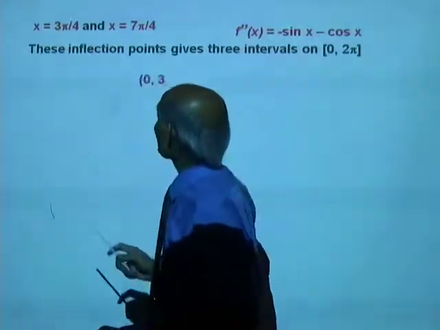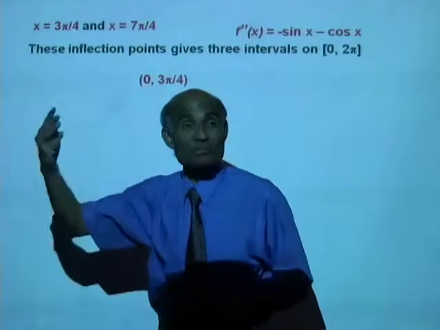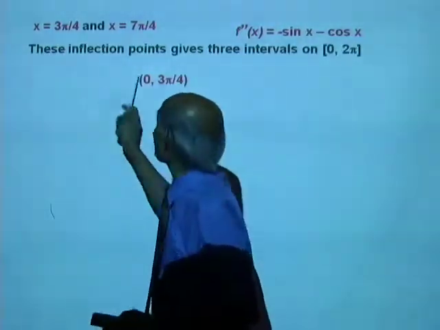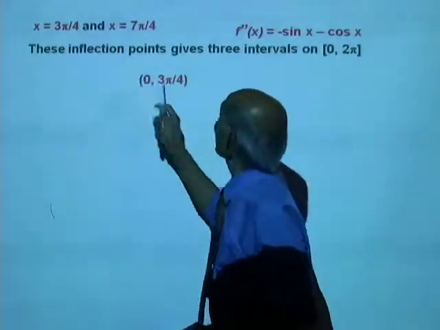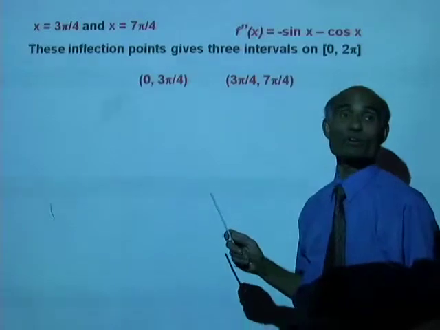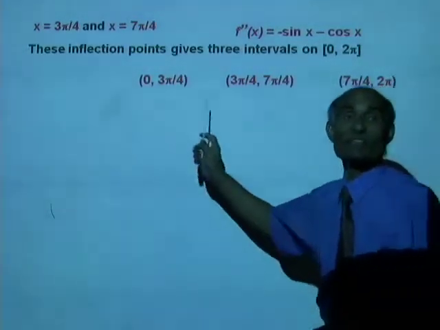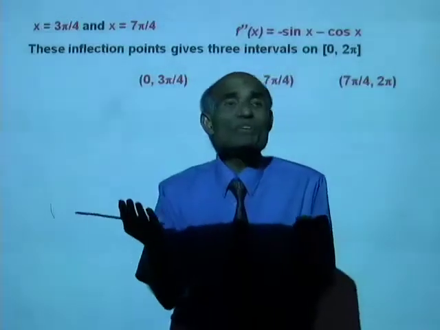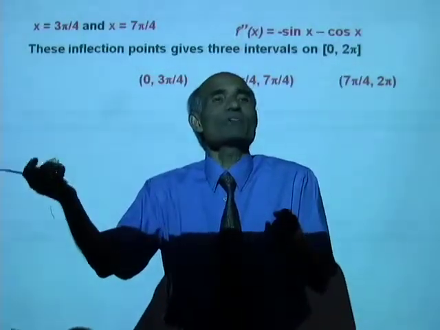And we can now construct how many intervals? 3 intervals. 0 to 3 pi by 4, then 3 pi by 4 to 7 pi by 4, and 7 pi by 4 to 2 pi. These are the intervals where we can determine if the graph is concave up or concave down.